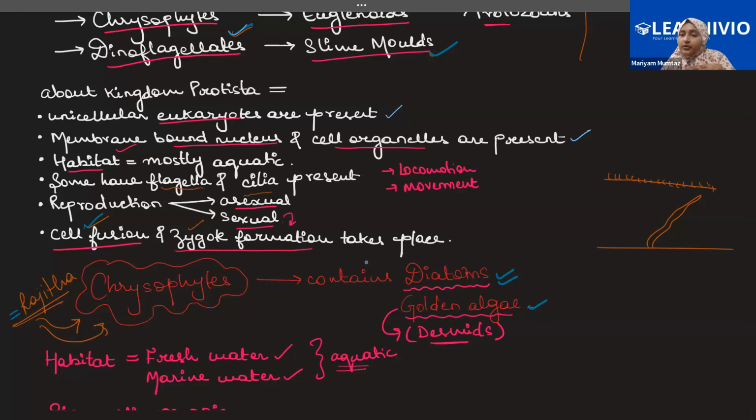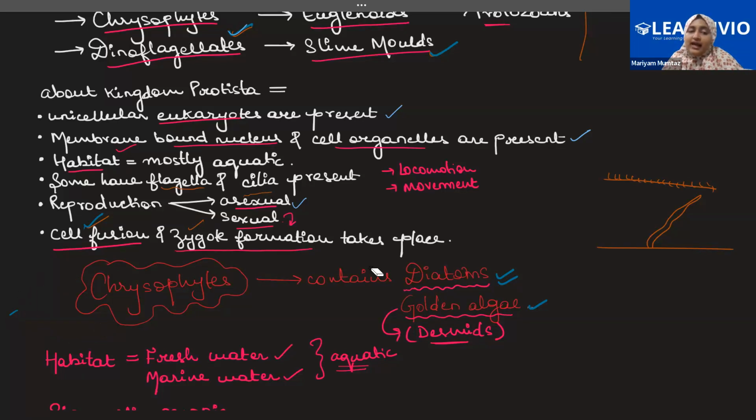If the members of the Protista can move from one place to another, they will have flagella present. Those that cannot move will not have flagella. Reproduction is of two types, asexual and sexual. The sexual reproduction takes place by cell fusion and zygote formation. We'll talk about how each of these things happens.